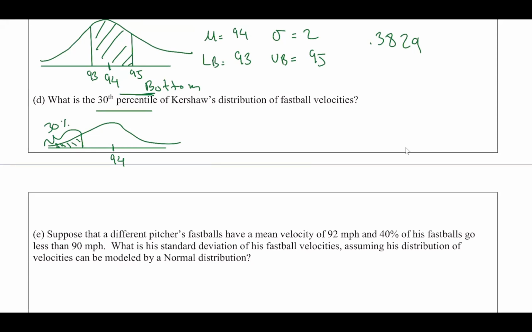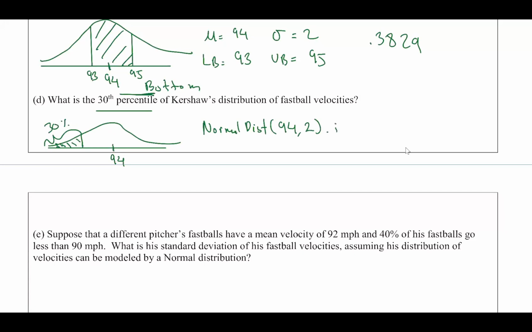All right. Everybody so far go with it? Yeah. All right. So then we'll put normal distribution. You put mean, which is 94. You put standard deviation, which is 2.